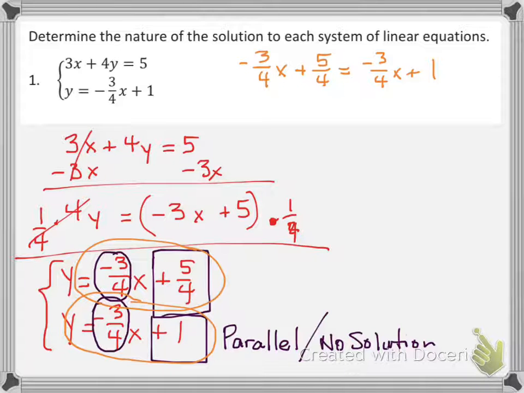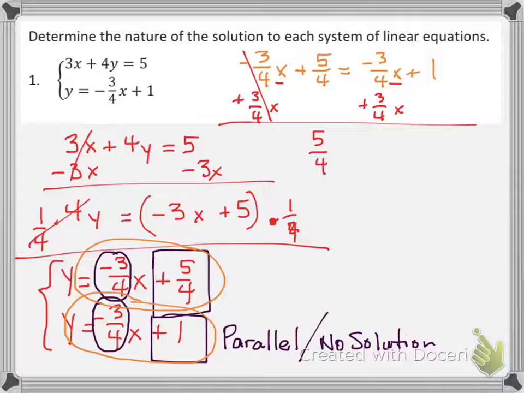So now I want to simplify. I want to get all of my variables on the same side. So I'm going to add 3/4 x to both sides. And when I add 3/4 x to both sides, it cancels on the left side. I get 5/4 is equal to, and it cancels on the right side, and that's equal to 1.